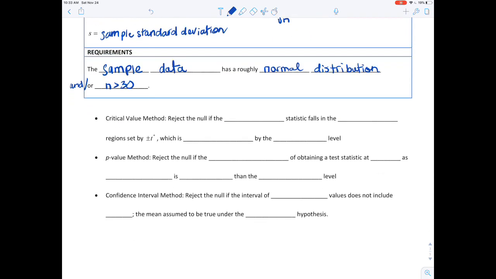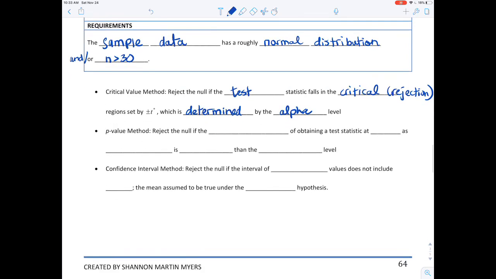Okay. So for the critical value method, you reject the null if the test statistic falls in the critical region, which we've been calling the rejection region, and that region is found by finding plus or minus t star, which is determined by the alpha level. Okay, p-value method.